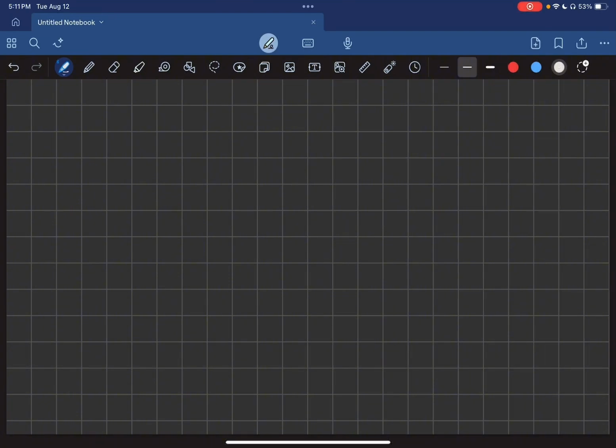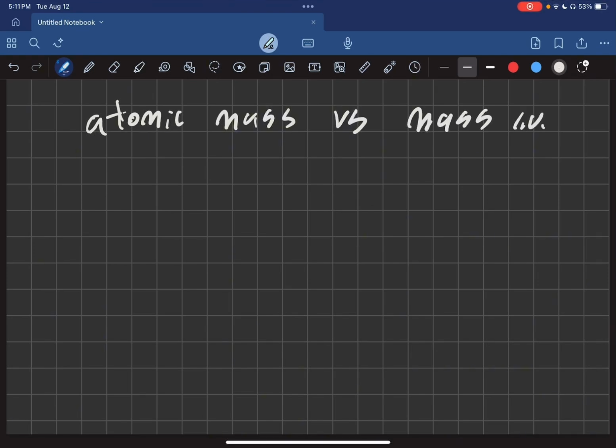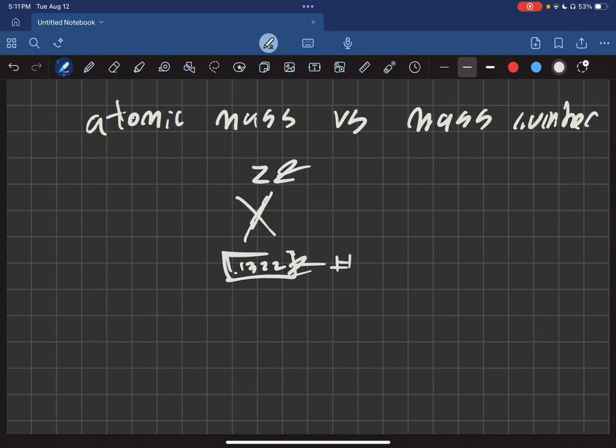The last important note is atomic mass versus mass number. So when you see an element, many times you'll see it written as such, where you have a number down here, I just made up a random number, and then you have your atomic number up here.